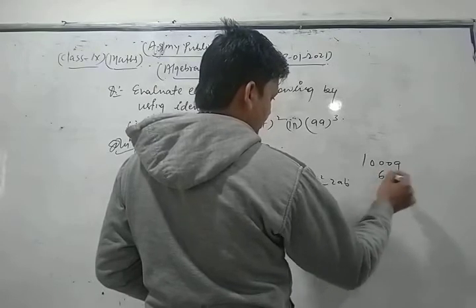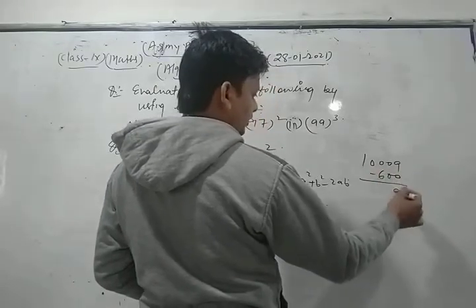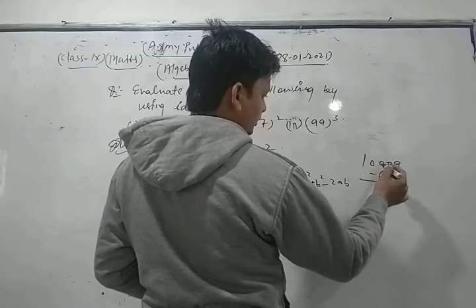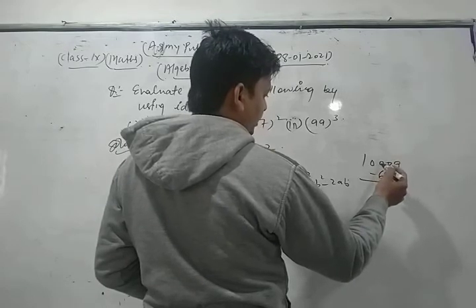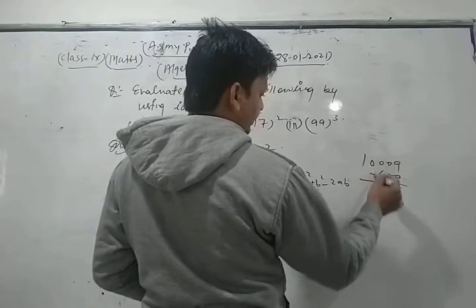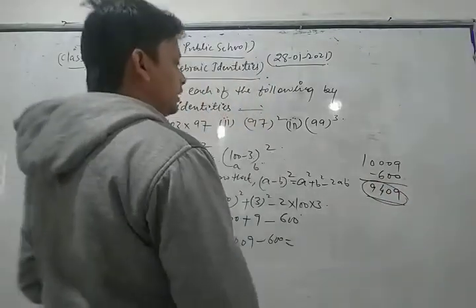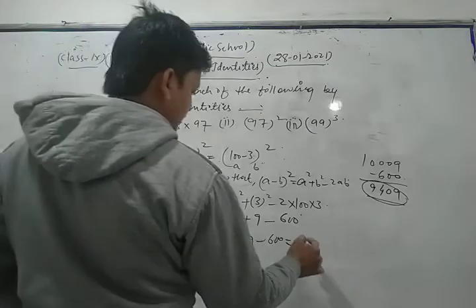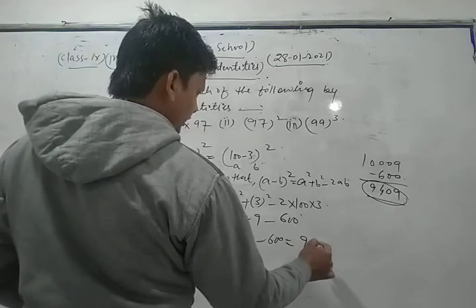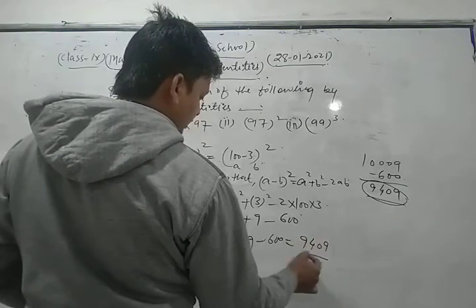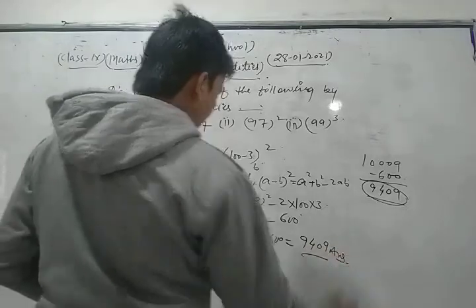We subtract 600 from there, and we get 9,409. This is the required solution of the given question.